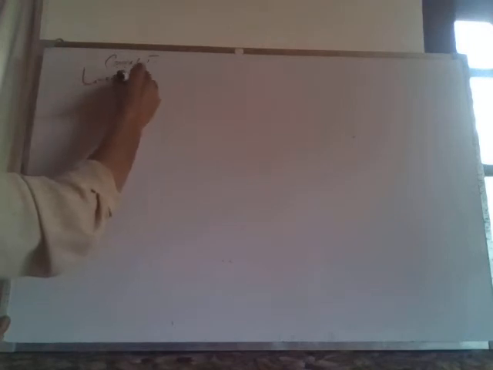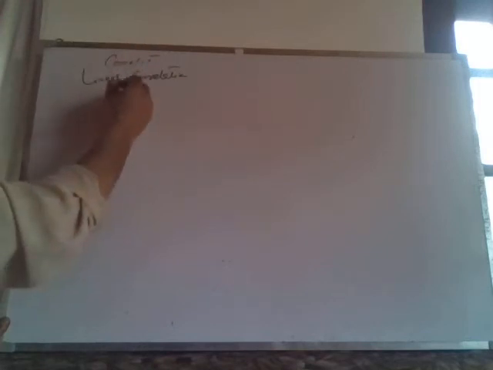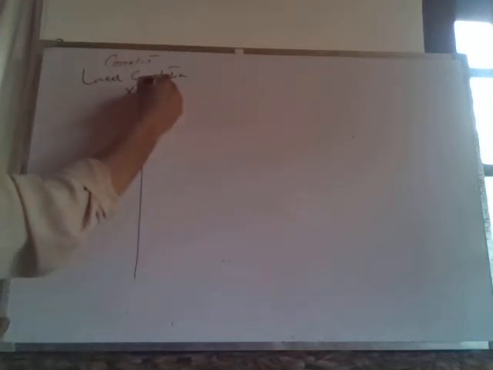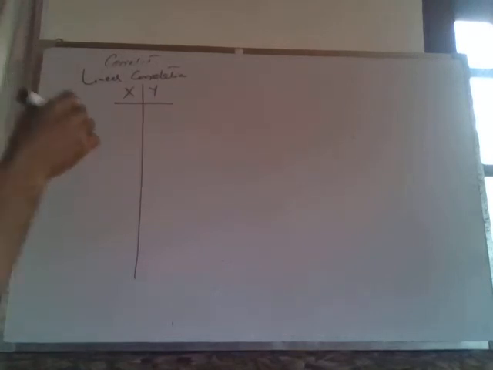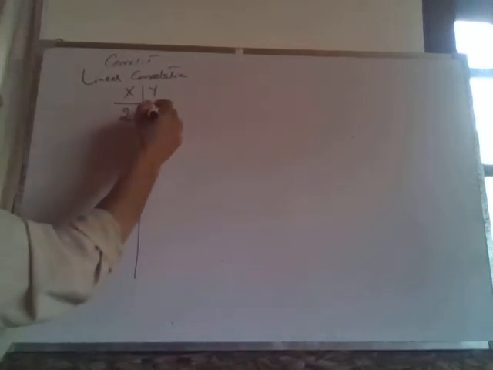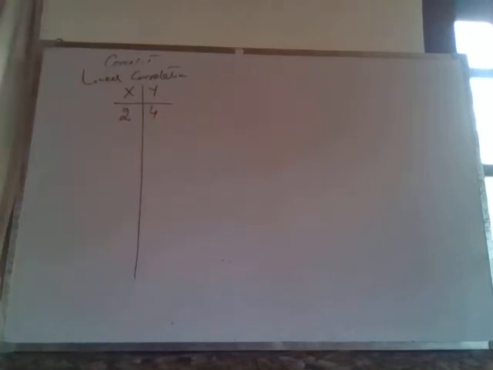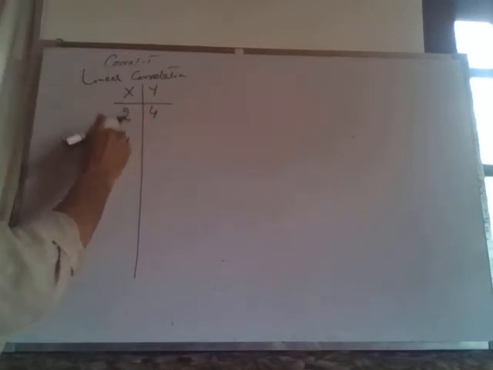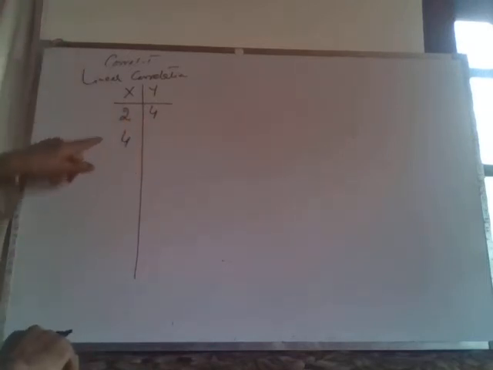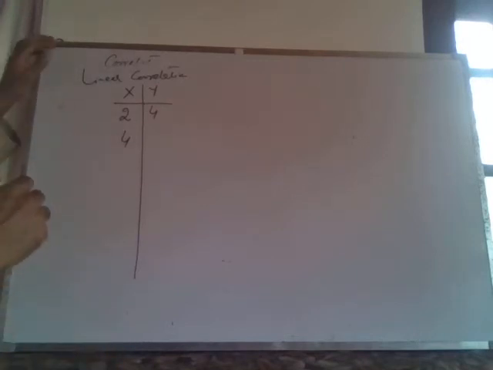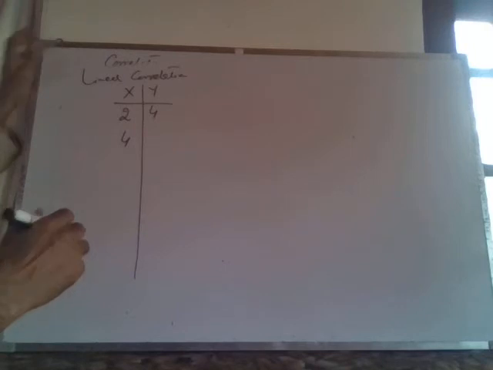We can make an example of this through tabular form. For example, this is the example of linear correlation. We have variable X and variable Y. If the value of variable X is 2 and variable Y is 4, for example, and X increases from 2 to 4, that means here we have a 100% increase.